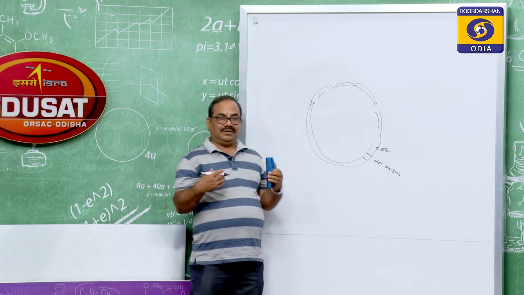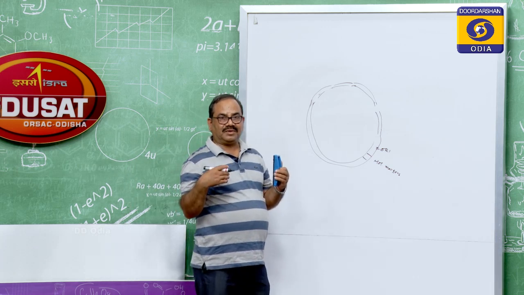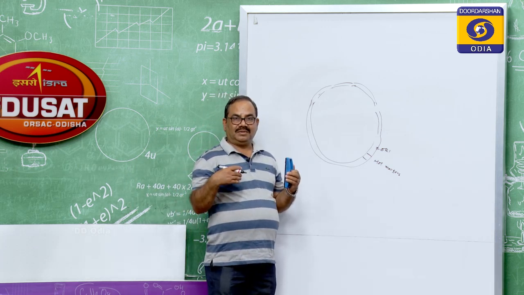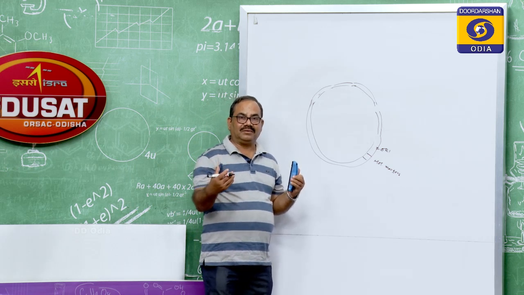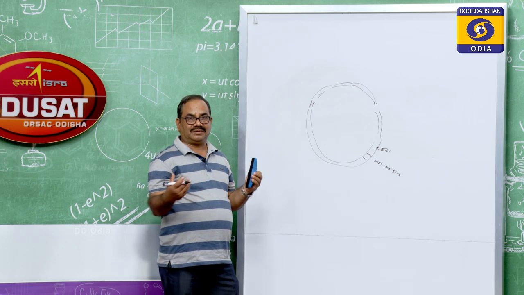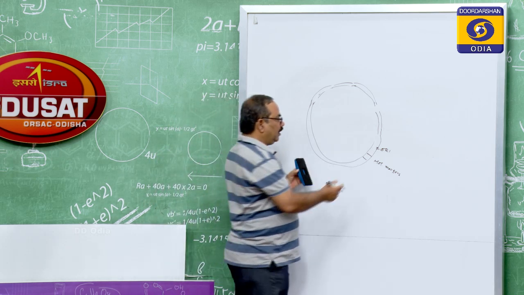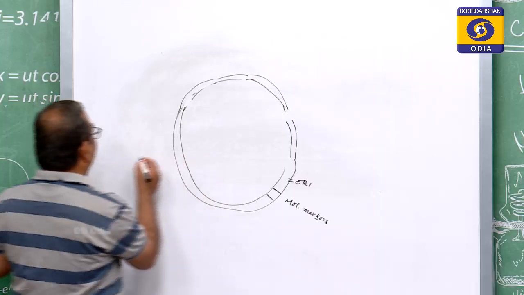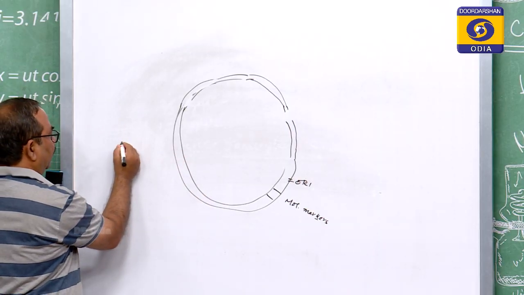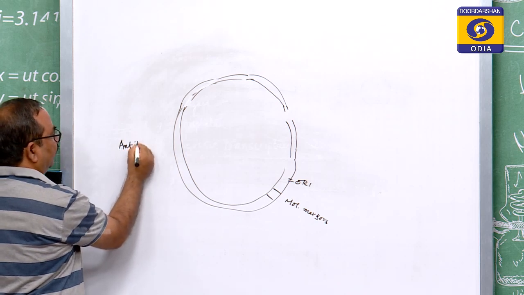Like behind the jersey of a sports person, a number is inscribed. They identify this is the number of the jersey, like Tendulkar's jersey or Dhoni's jersey. It is very common, you know it. So here we shall see a molecular marker, and molecular markers are normally antibiotic resistant genes.